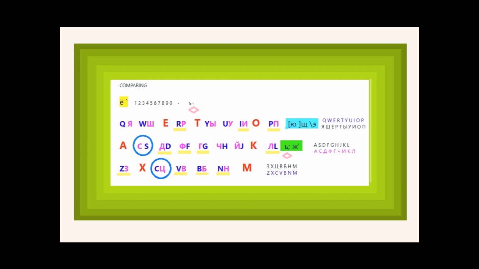It is paired when I say ye or when I say e. When I sing ye, I will finish with e. So they are a pair. The same pair will be ya, Russian ya, and a, because when I sing ya, I will finish with a. And so they are pairs, okay?